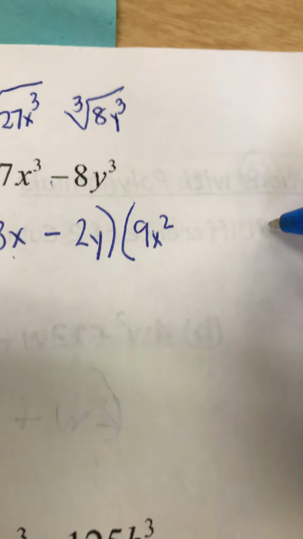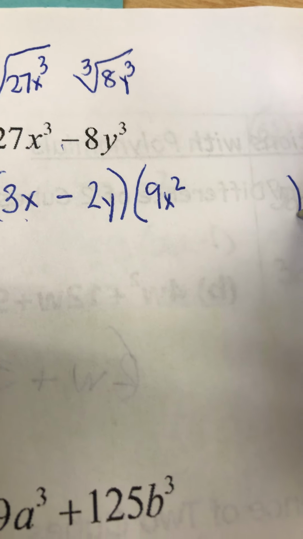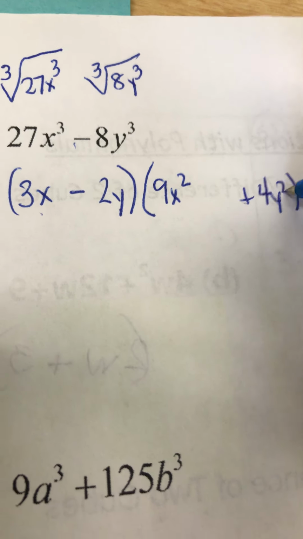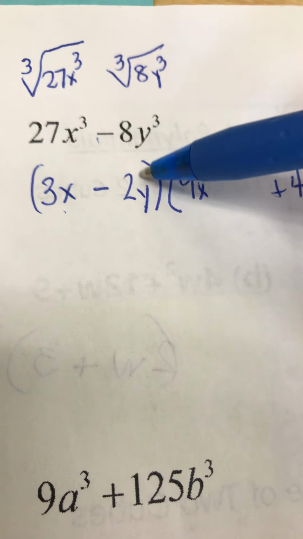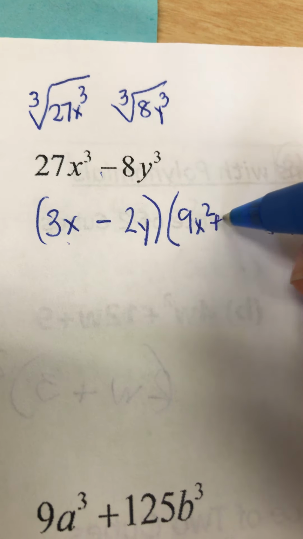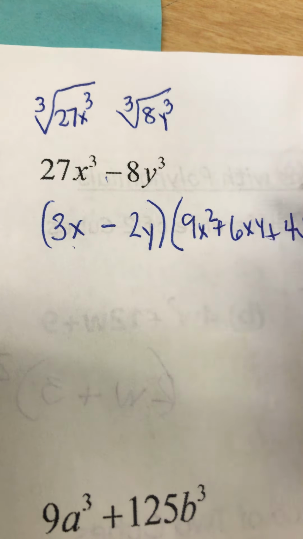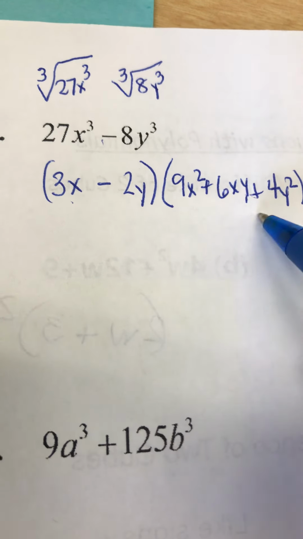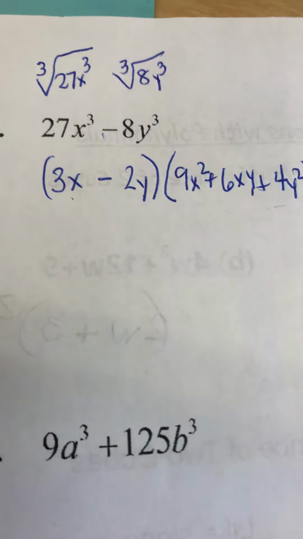The last squared is negative 2y times negative 2y is a positive 4y squared. And then the product, 3x times 2y is 6xy, opposite sign, is a positive 6xy. Okay, and again, this would be prime, so you don't have to go any further.